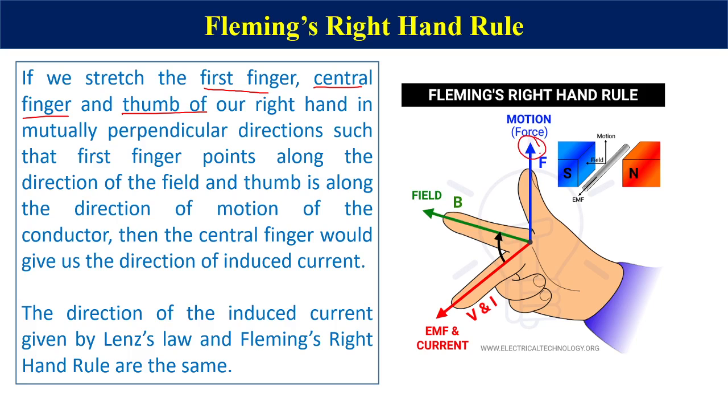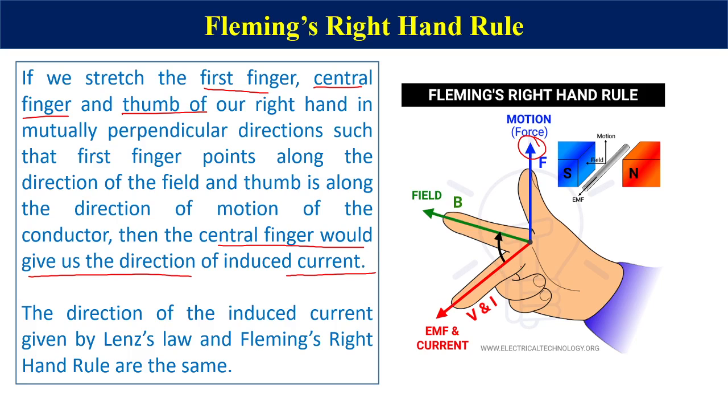Motion means motion of a conductor I am talking about. In that case, the central finger would give us the direction of the induced current. That means this will be the direction of the induced current.